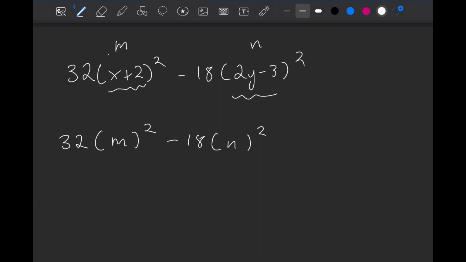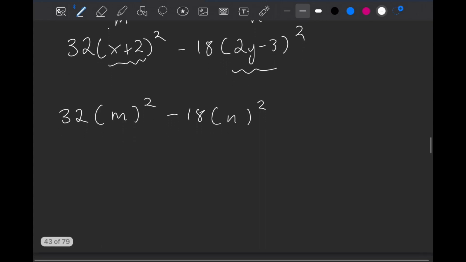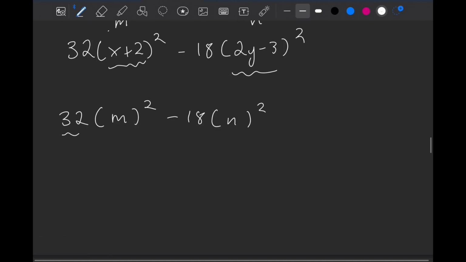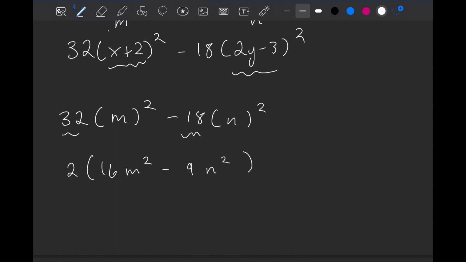And when I do that, I can now think about something to factor out between 32 and 18. So the only common number there would be, let's say, a 2, and we would get 16m squared minus 9n squared.